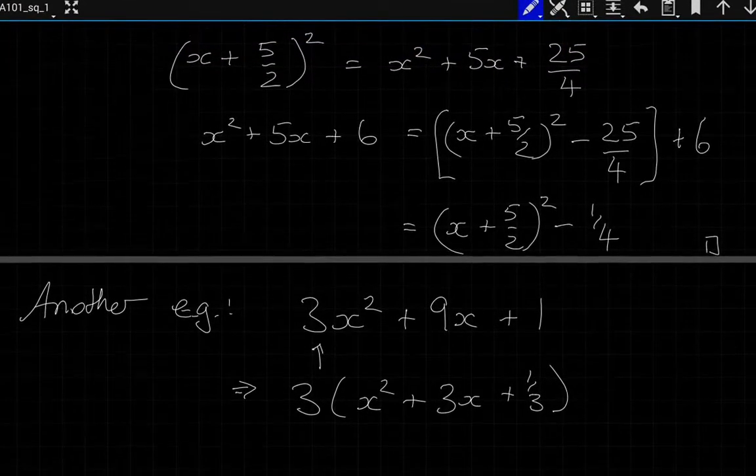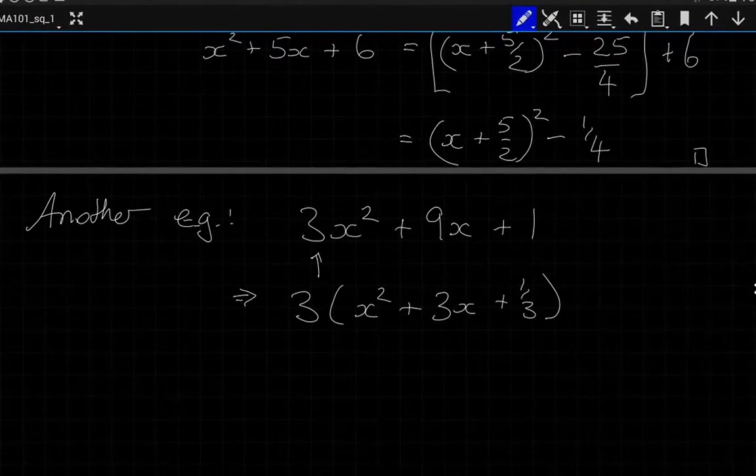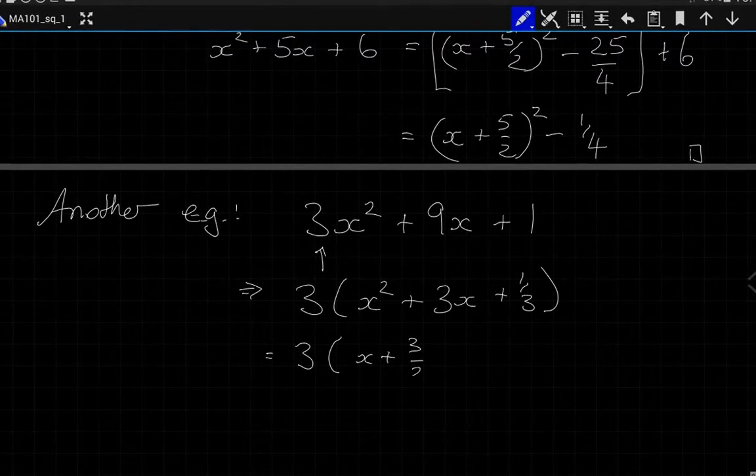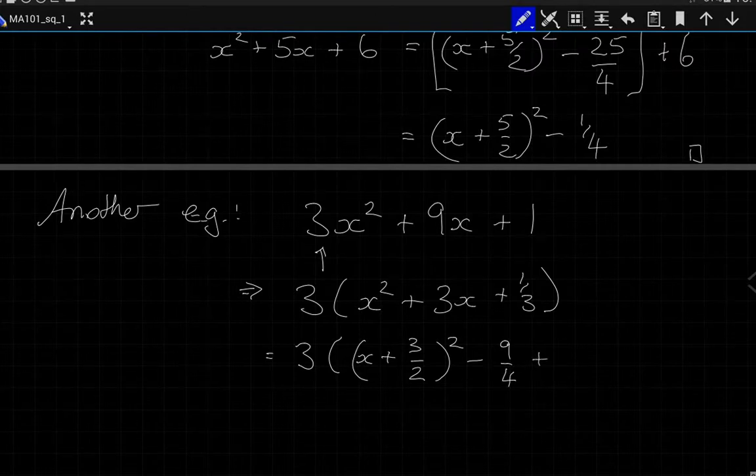Then I do exactly the same thing on the term in brackets. I take off the constant term squared, and then I add a third. Now I just have to do a little bit of algebra to tidy this up.